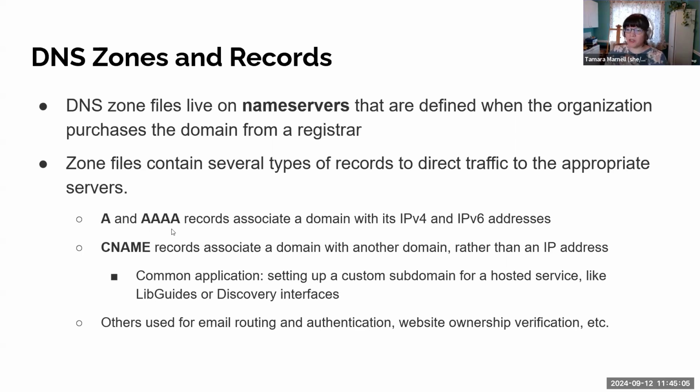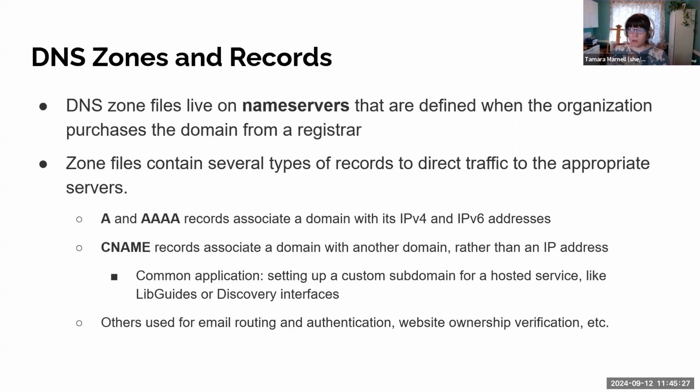CNAME records associate a domain with a different domain that is usually in a different network instead of directly with an IP address. I mention this because you will likely sometime as a systems librarian have to set up a CNAME or tell your IT department to set up a CNAME. A very common application is setting up a custom subdomain for a hosted service like LibGuides.